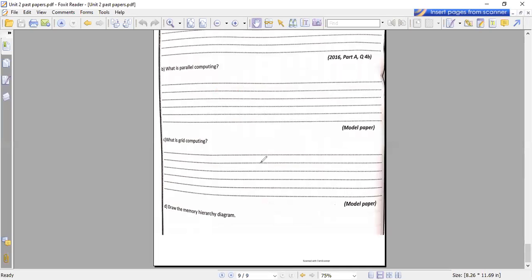Then what is grid computing? That is also theory. You can refer to it. I'll read the answer.